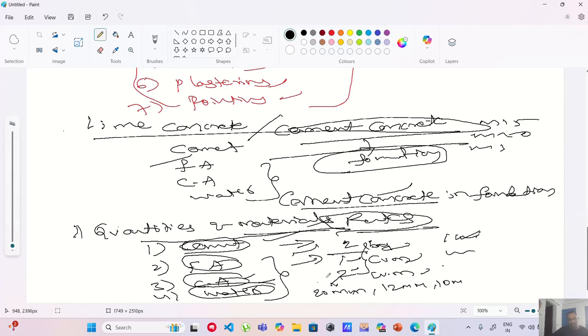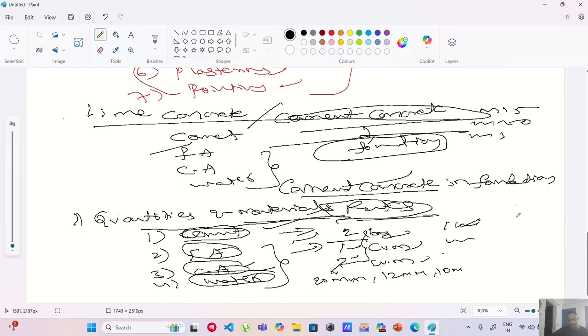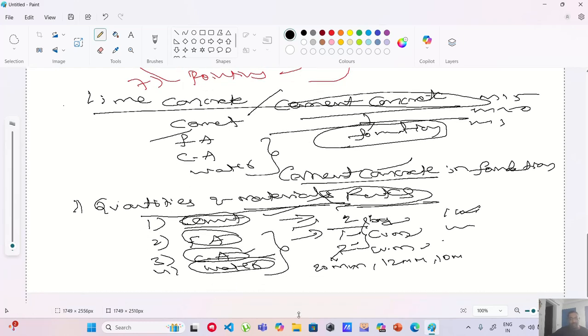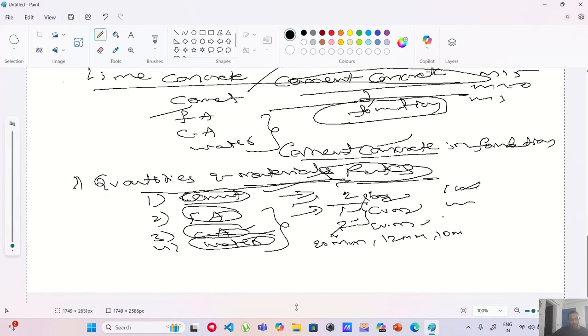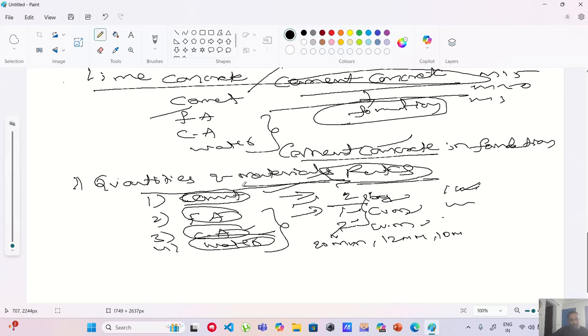It is clearly mentioned in the work. For example, cement concrete in foundation with 20 mm grade of aggregate, that is clearly mentioned in the work. And the second one is quantities of materials. Clearly I explained what materials are there in cement concrete along with quantities and the rate. Now we'll discuss the rate.